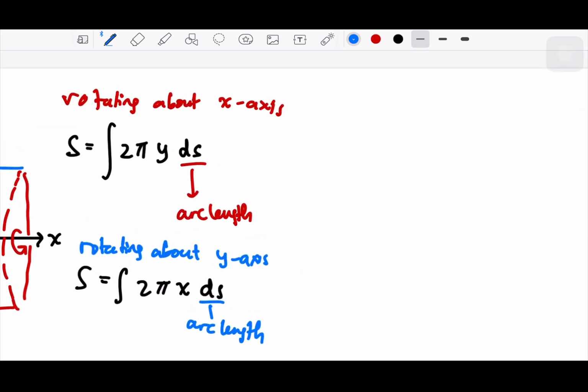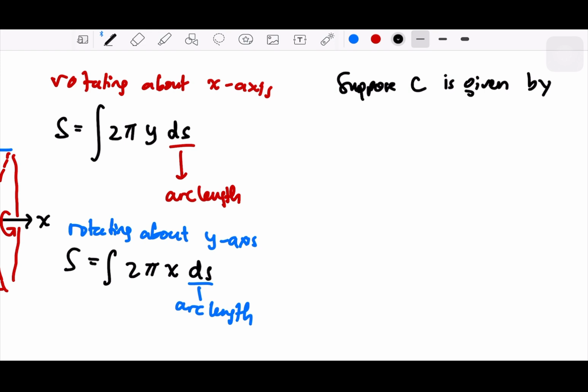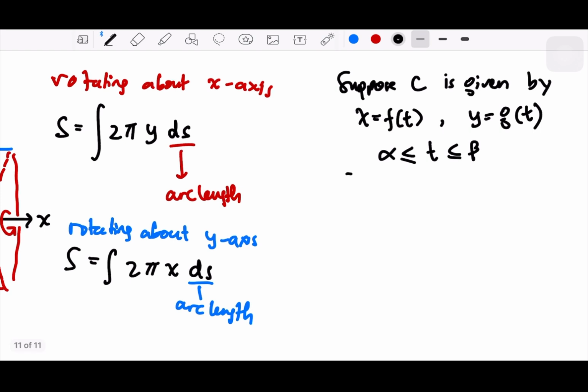But maybe let me write it in complete. Suppose C is given by the parametric equations, and let's say we have alpha to beta for our t, and f prime, g prime both are continuous, and then our function g is a positive function.